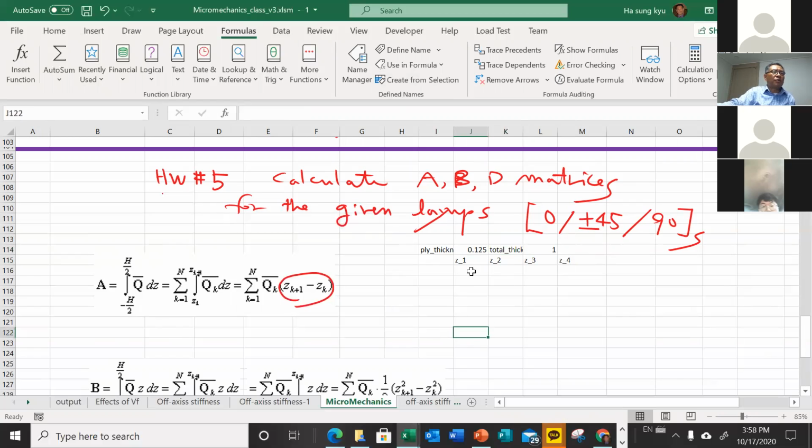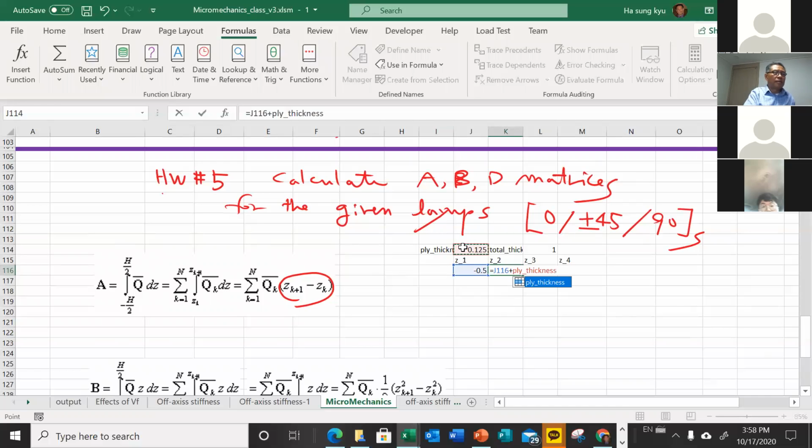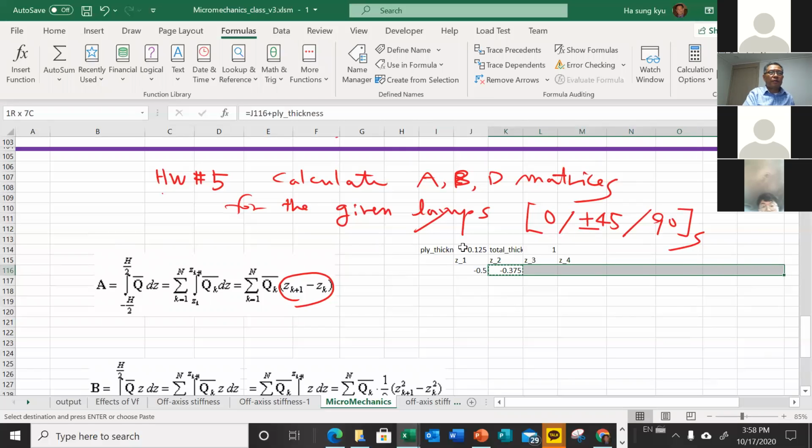And now Z1, what is Z1? Z1 will be the total thickness divided by two, and minus. That is the coordinate system, right? And then this one will be this plus a ply thickness, and so on.